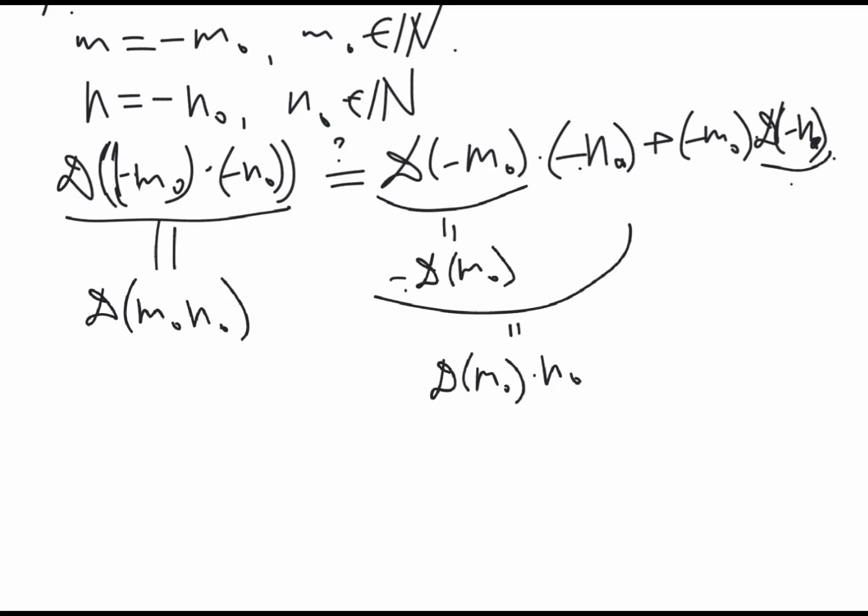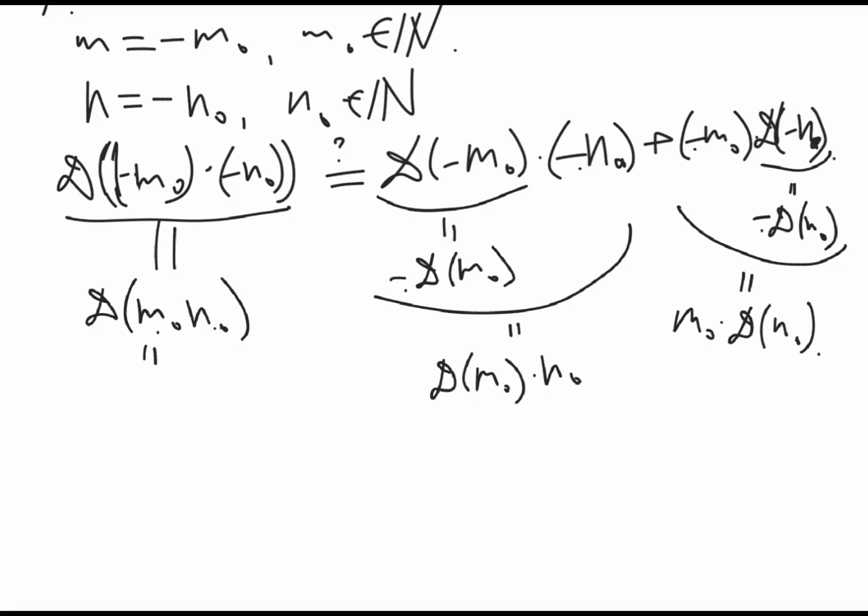Now d of minus n0 is equal to minus d of n0 by definition, and this term, again, minus and minus cancel each other, so it will be plus m0 multiplied by d of n0. And this we expand by the product rule for natural numbers m0 and n0.